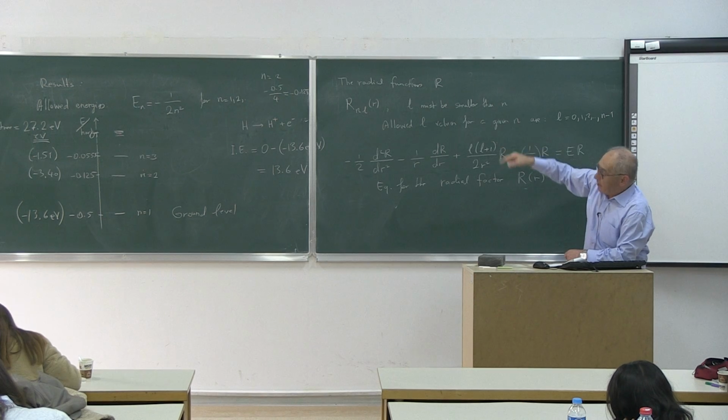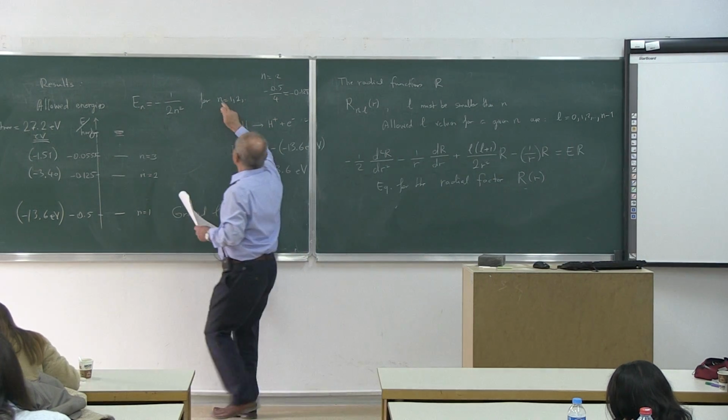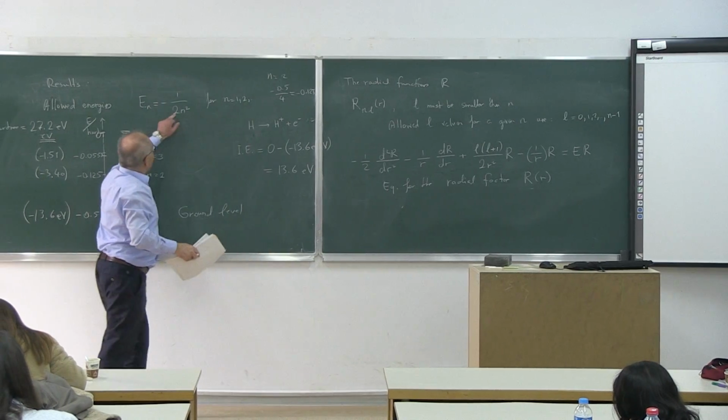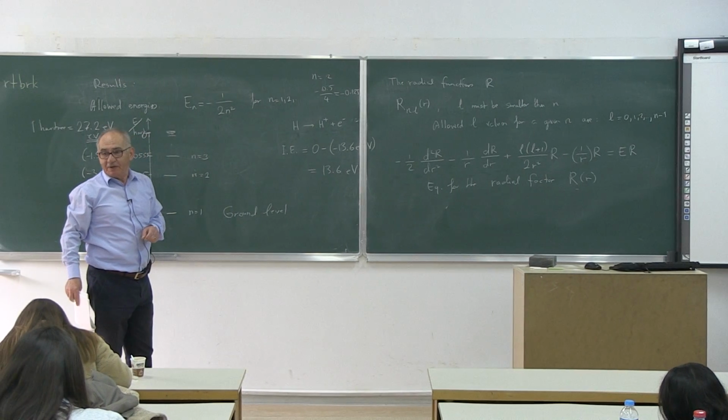Now, the n quantum number, because it determines the energy, is called the principal quantum number.